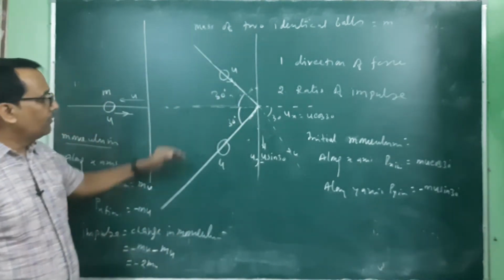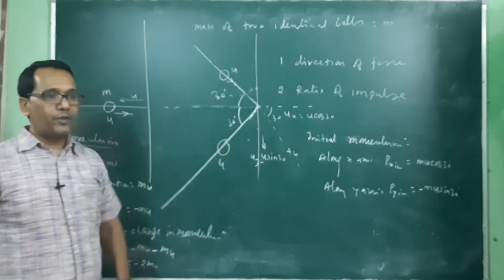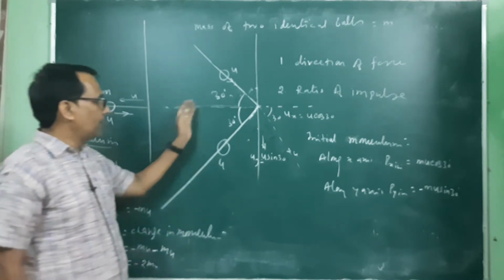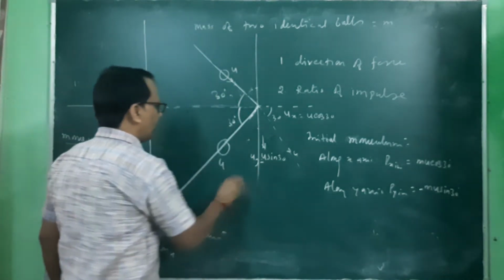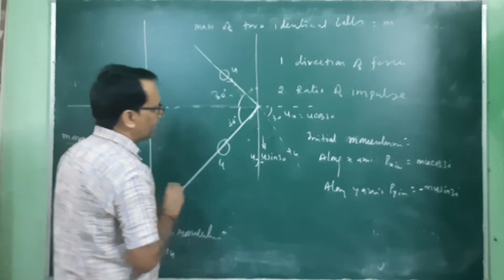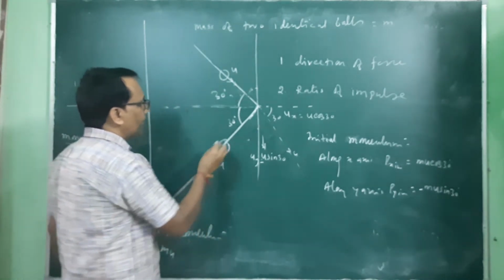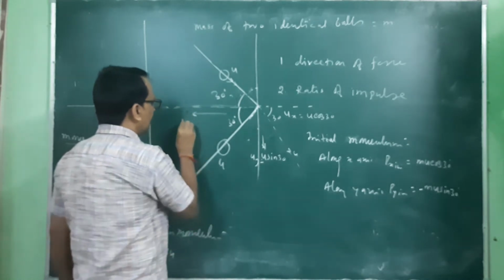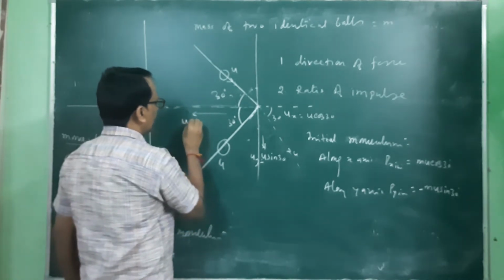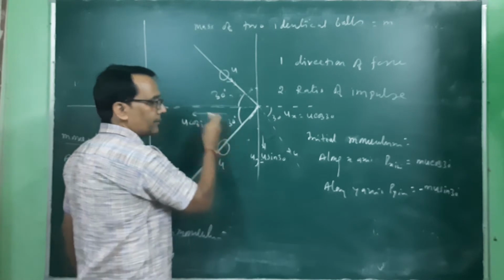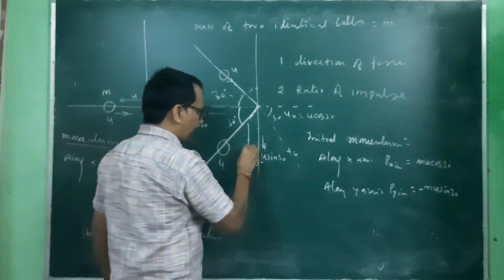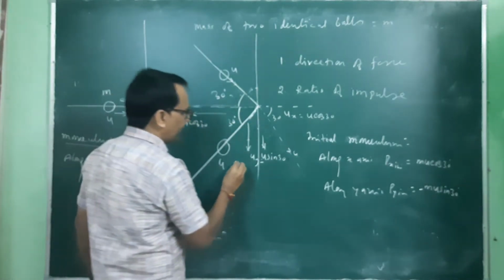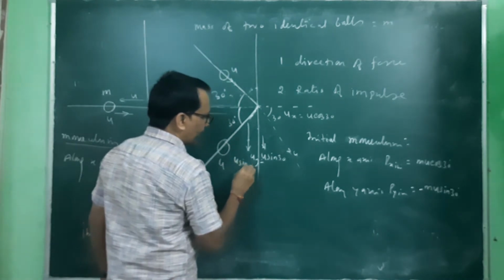Now the final, after the ball strikes the rigid wall. We will calculate its components along the x-axis and y-axis. Along the angle it is u cos theta, and in the perpendicular direction with the same magnitude it is u sin theta.